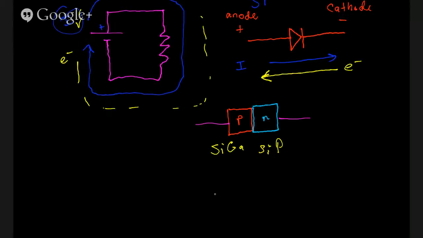And quite naturally, we end up with electrons coming in on this side, going through our n-type silicon and conducting in this direction, being pulled like a magnet to the p-type silicon and continuing on its way. So this is the conducting configuration of a semiconductor diode.